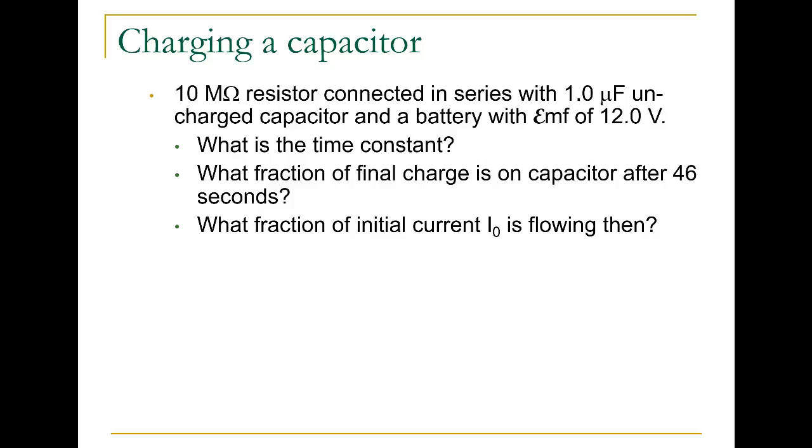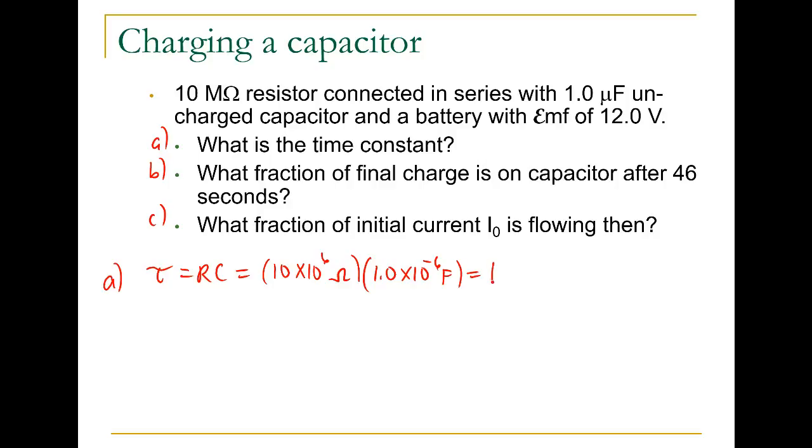So we can calculate the time constant. We'll just call this parts A, B, and C. The time constant, tau, is just equal to RC. So it's 10 mega ohms, 10 times 10 to the 6 ohms, times 1.0 microfarads, 1 times 10 to the minus 6 farads, and that's just 10. But here's the crazy thing.